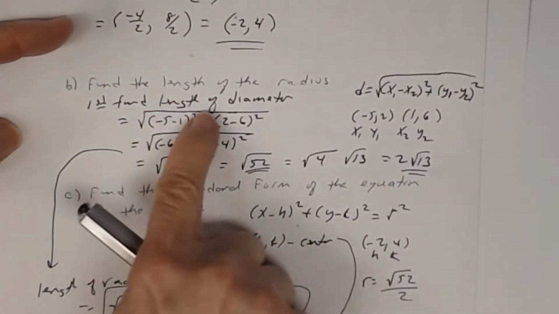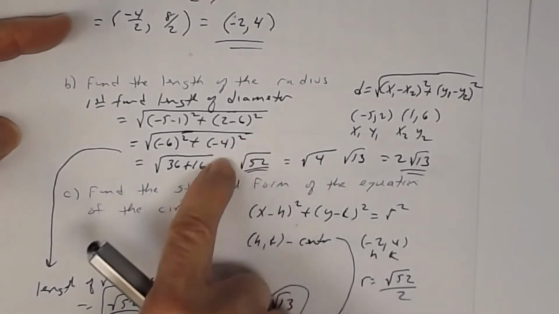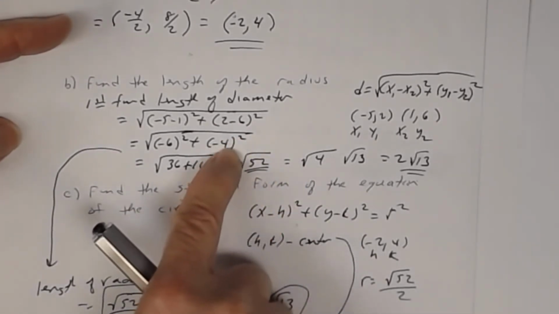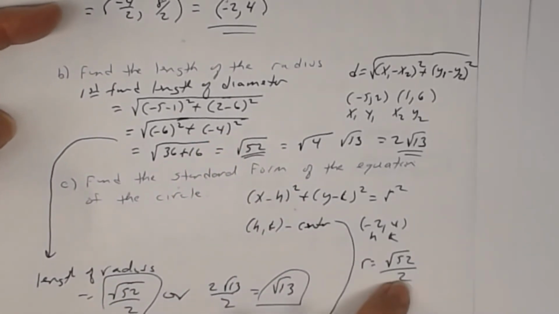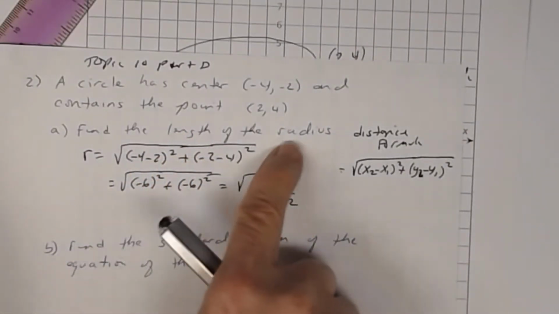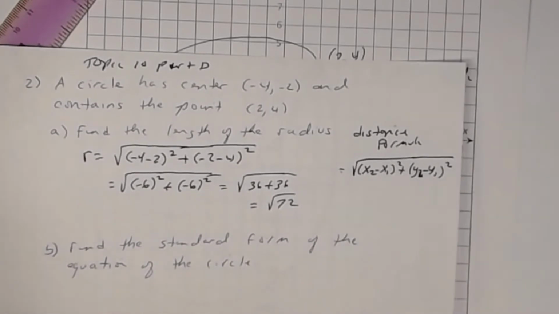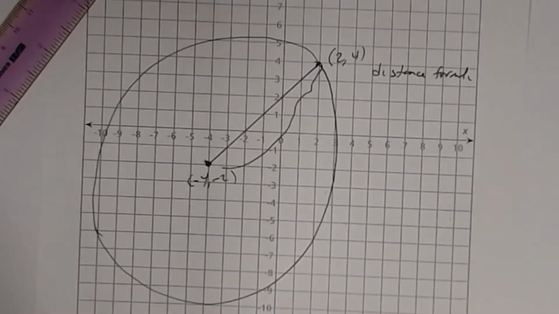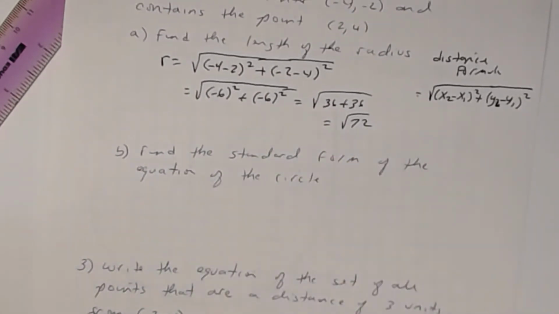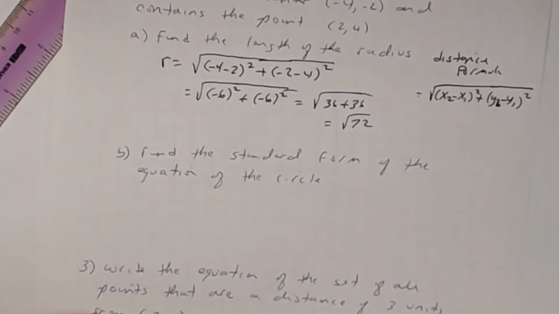There, that was the length of the diameter, and so if you're trying to find the length of the radius, you have to divide the diameter by 2. Here, this is the radius that we're looking at. So remember the diagram? That's the radius, not the diameter. So once you find it, you're done. Square root of 72.